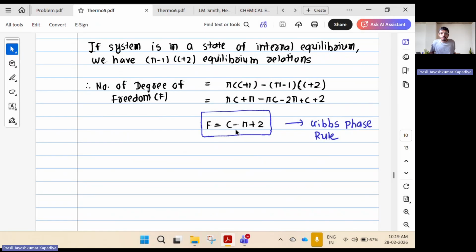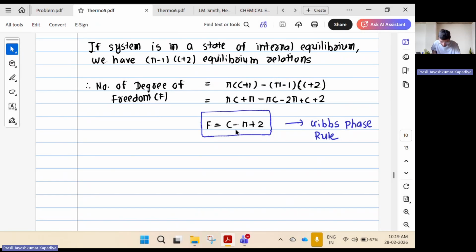So when we are calling a phase, what is a phase? Phase is a part of a system which is uniform throughout in composition and physical properties. So for each phase, composition and physical properties remain uniform throughout. The thermodynamic properties in a particular phase are either identical or they vary continuously from point to point.